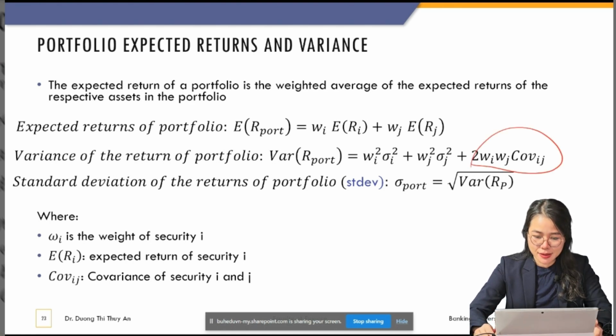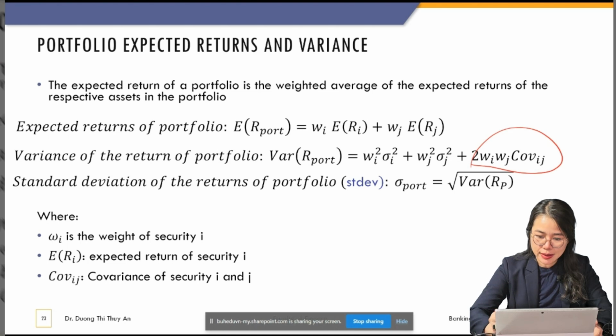Okay, and now I can rewrite this formula using correlation. So now covariance ij equals rho ij multiplied by sigma i and sigma j.